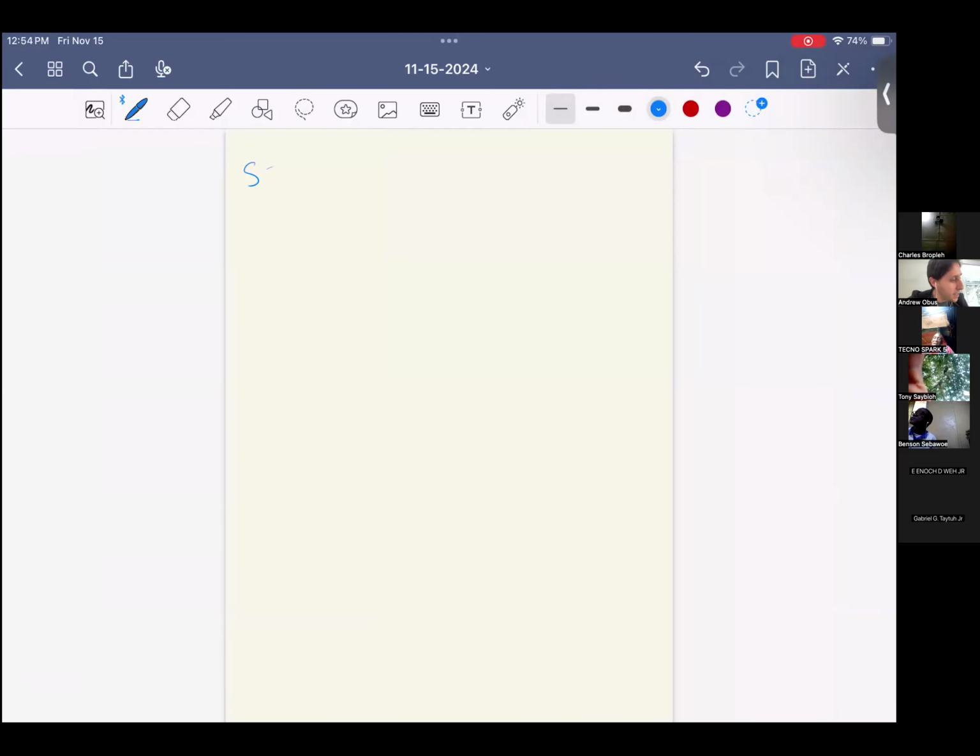So here we had s equals 4.9 t squared. So we could do a table of values, right? So this is time t, and this is s equals 4.9 times t squared. So at time 0, this is 0. At time 1, this is going to be 4.9. At time 2, this is going to be 19.6.